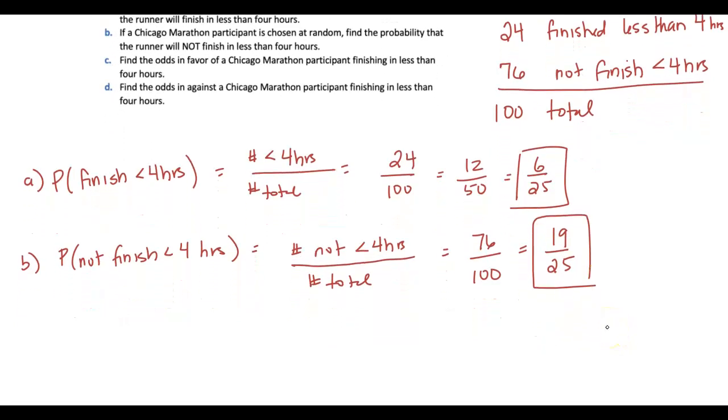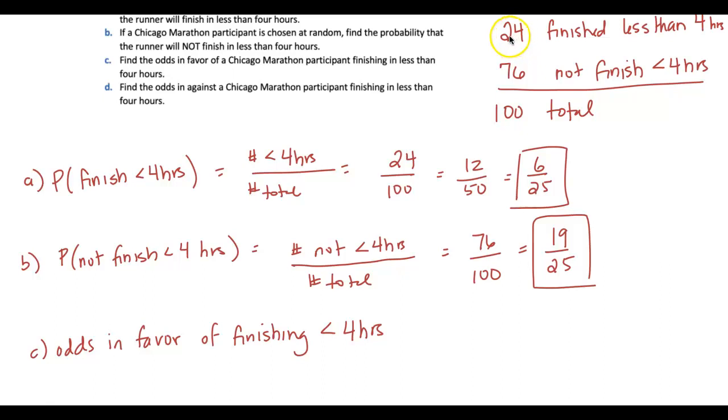Part C, the odds in favor of finishing less than 4 hours. In this case, we could use the calculation of the ratio of probability over probability, or we could use the number.